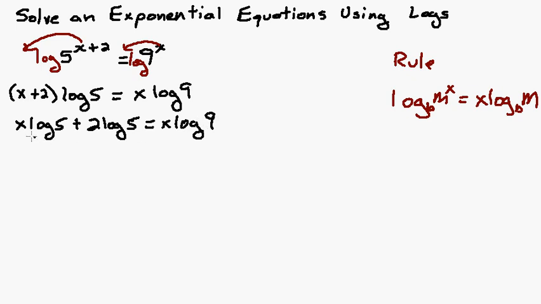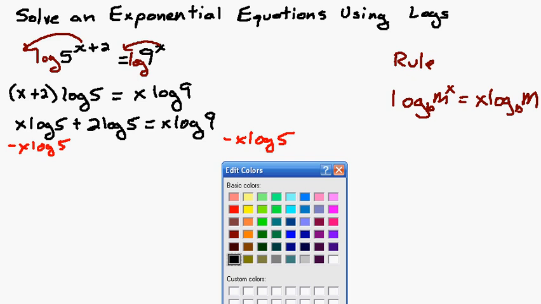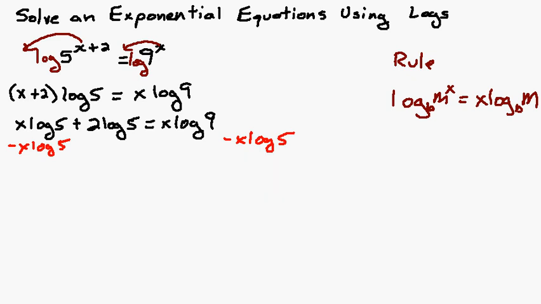So now these are basically two terms with x's in them, x log 5 and x log 9. We need to get those on the same side. So I'm going to subtract x log 5 from both sides. And you can't combine those and say it's x log 4 or something. You can't do that. So we're just going to have to write them next to each other.